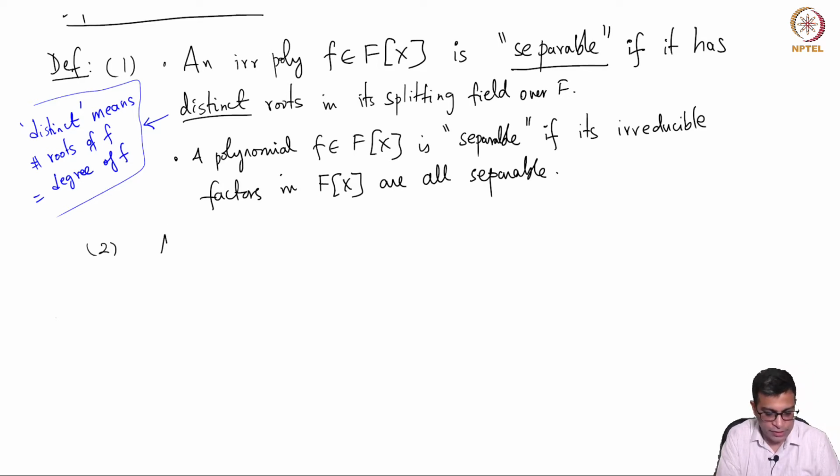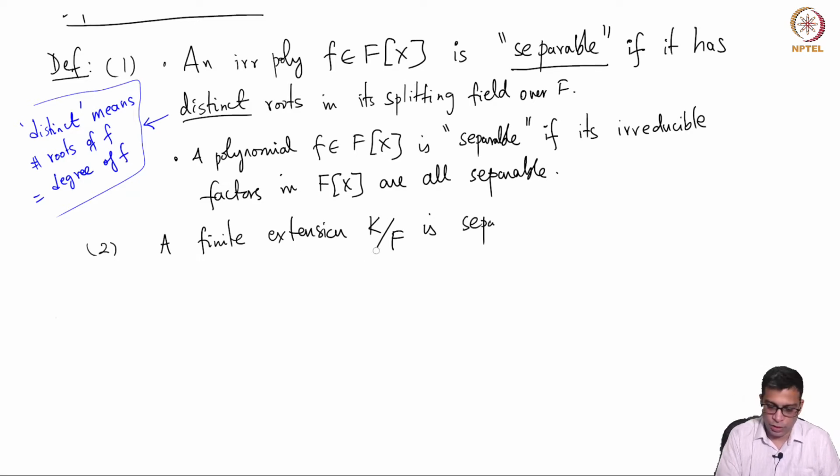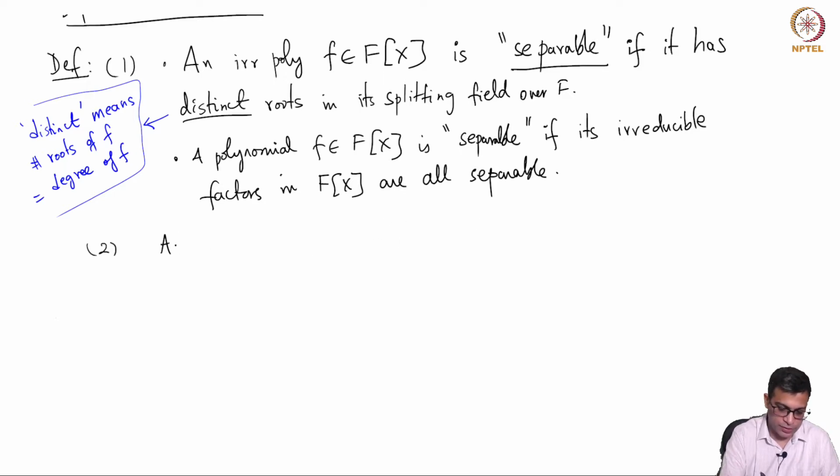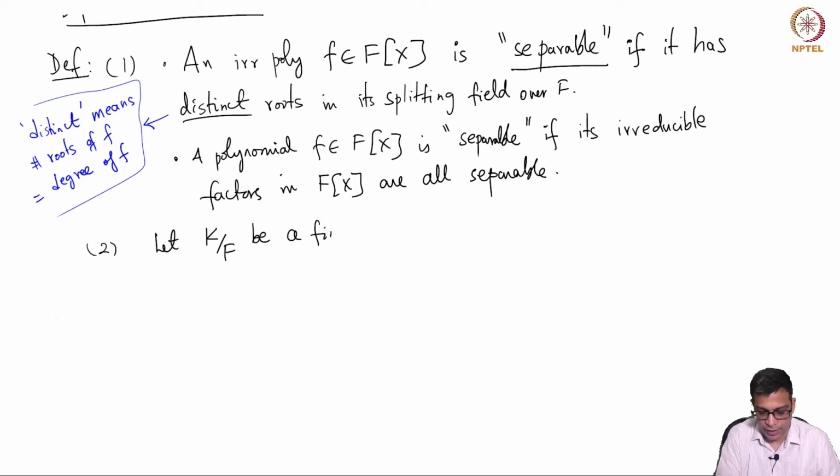Now next definition is that a finite extension of fields, of course, always is separable. Actually, let me just first define what it means for an element to be separable. So let K over F be a finite extension. In this course, we are only going to look at finite extensions of fields.